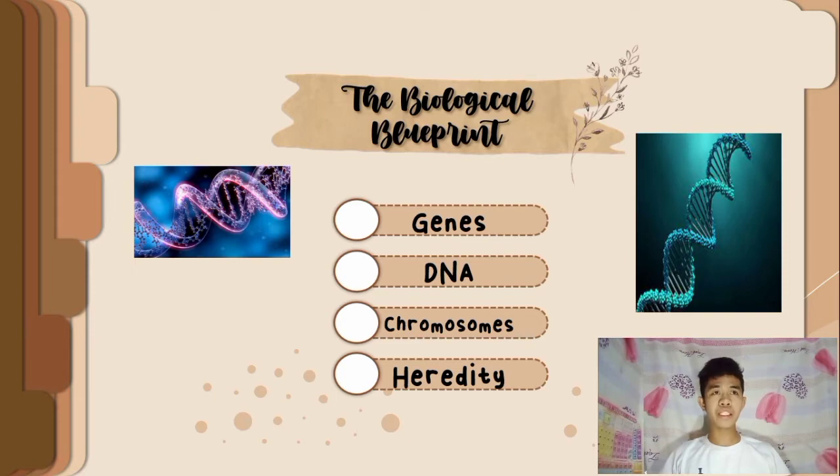The biological blueprint includes the genes, the DNA, the chromosomes, and heredity. We all know that DNA is the blueprint of life, and it embeds genetic information, or genetic instructions, for the structure that it will be making. We can give an example in a construction site.